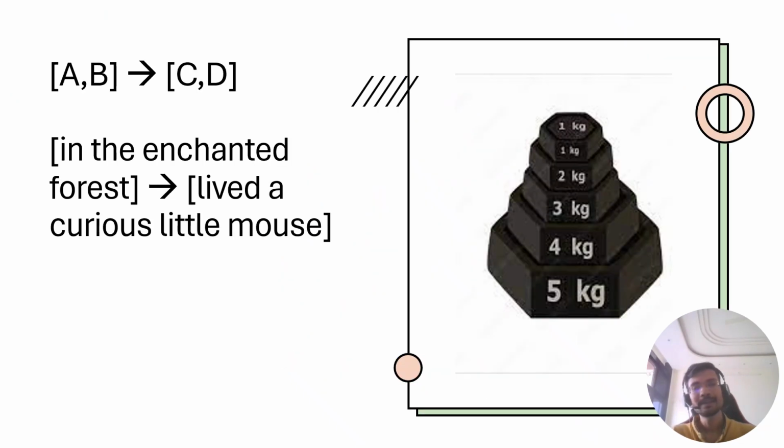Now let's talk about how it works internally on a higher level. Usually LLMs just predict the next sequence of words, and they're trained on the entire web data which is available.